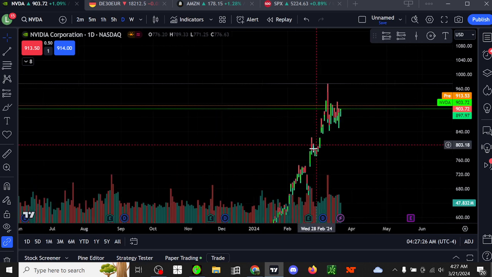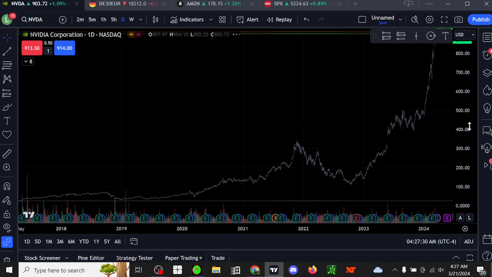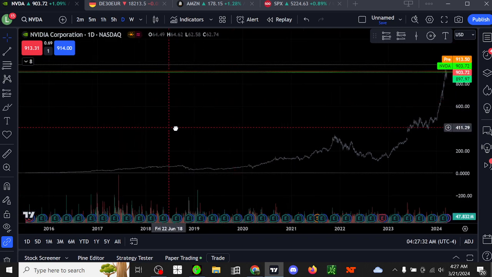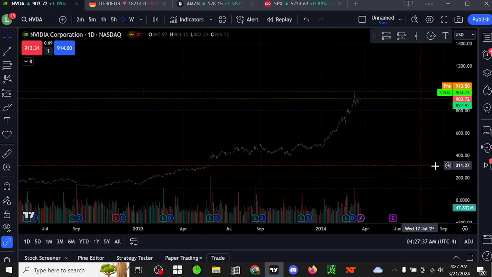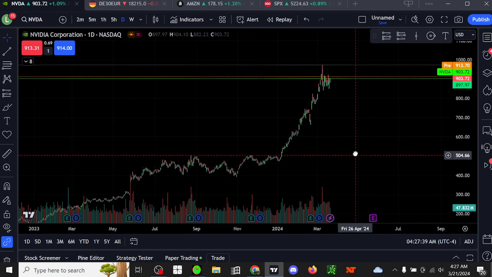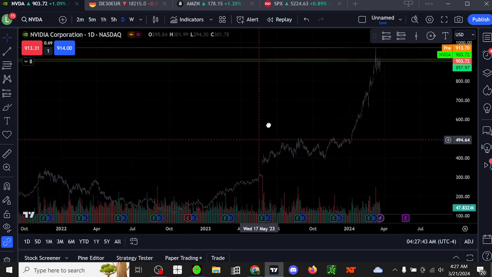Okay, think about it. NVIDIA kind of is the NASDAQ right now, not completely, but for a large part it is. Do you think it's smart to short this company? No? Then why would you short the NASDAQ, even if you're day trading? Think about this.